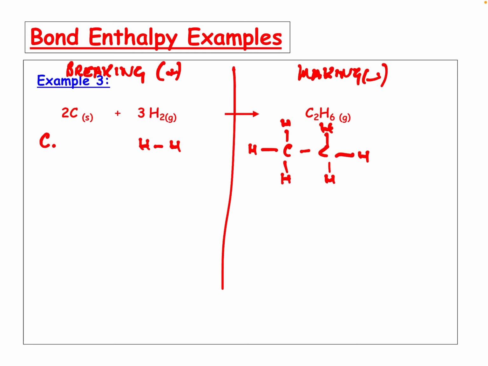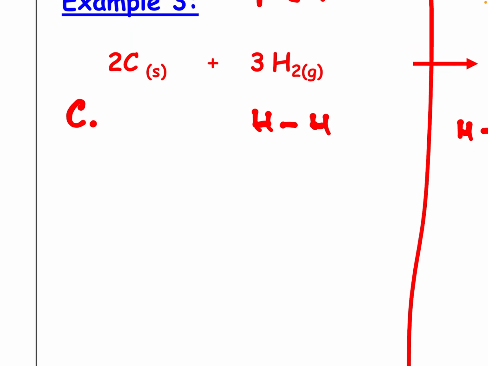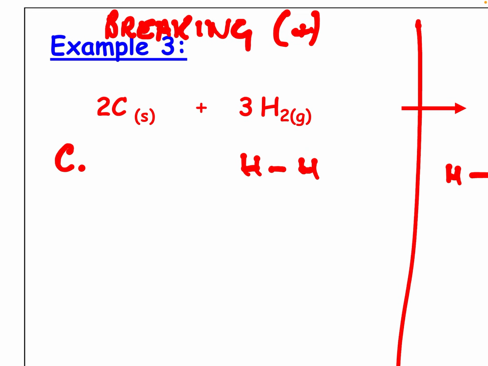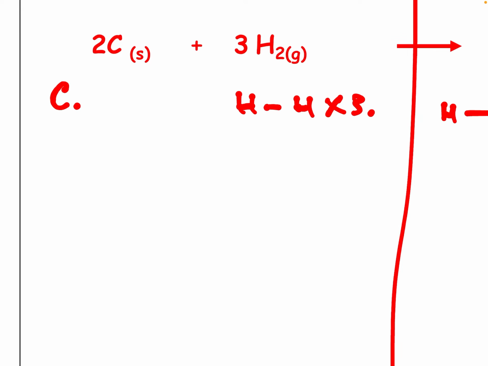So let's work out the enthalpy of the breaking side. Obviously, we've got 3 lots of this bond here because we've got 3 lots of H2. We'll come back to that when we do that. So let's start with the carbon. Notice that this is in a solid form, so we're going to have to change it to the gas form.